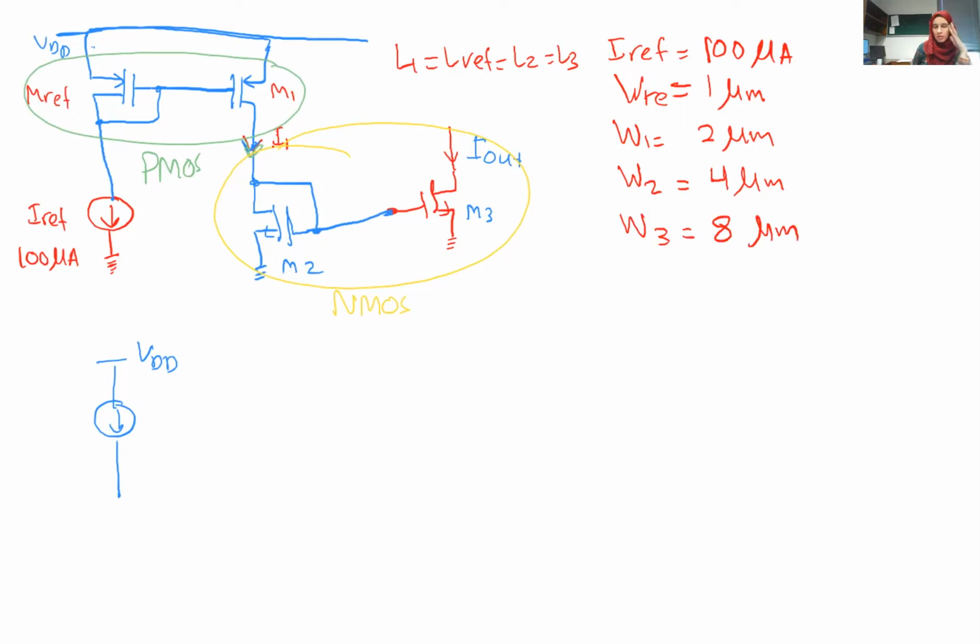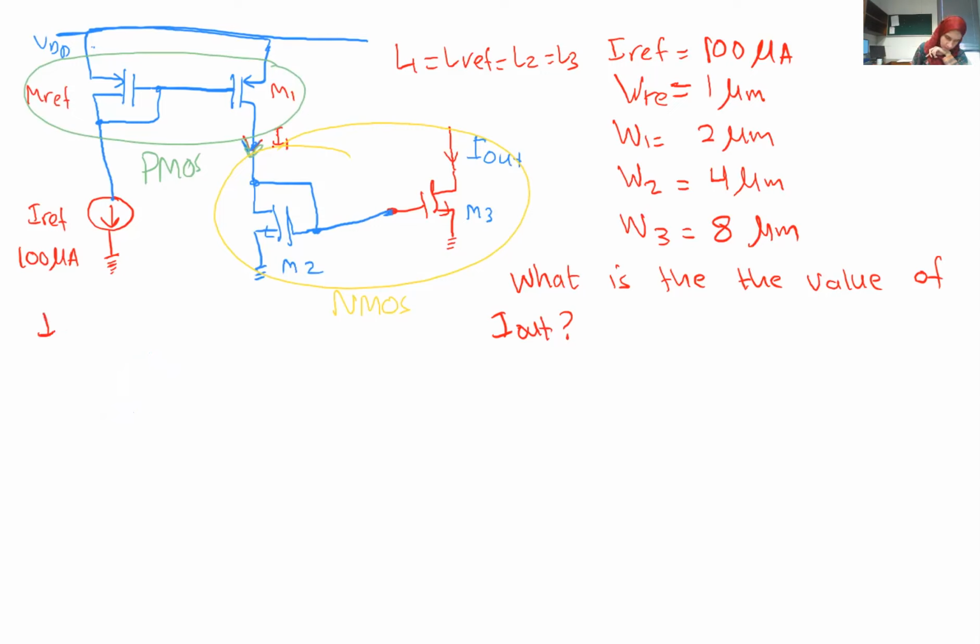The main idea is to get the point. So the question is asking, what is the value of I out? Okay, so what should we do now? We need to find first what is I1 and then what is going to be I out.